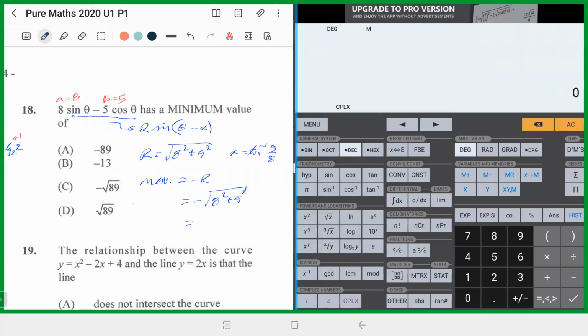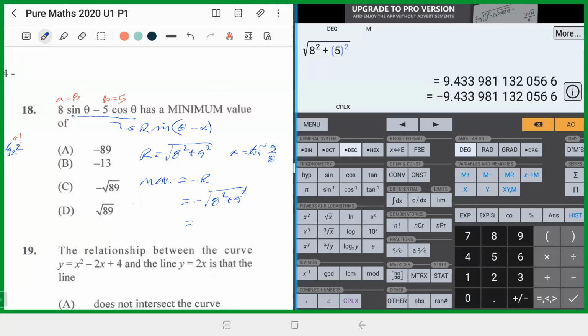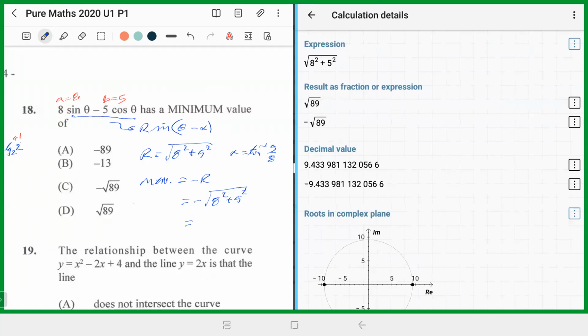I'm going to get 9 point something there. So the minimum value is the negative square root of 89, because it's 64 and 25. 64 and 25, 89.